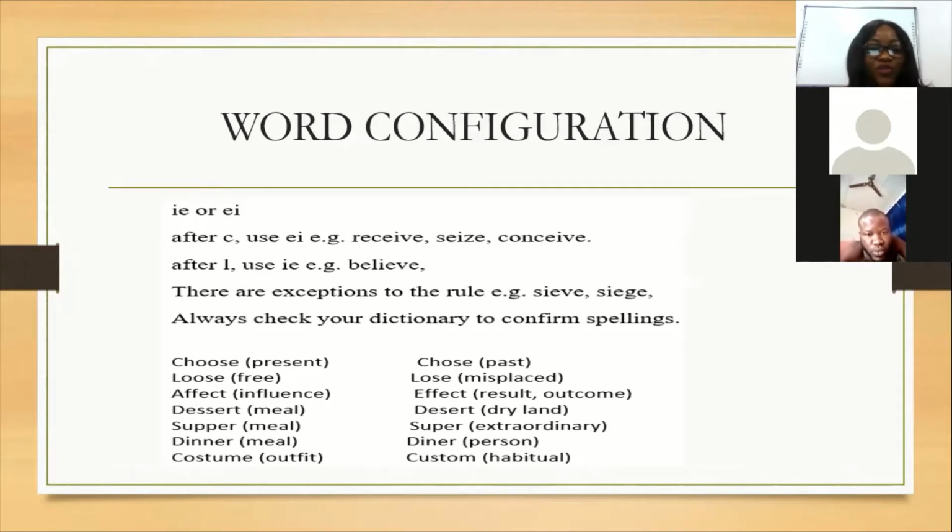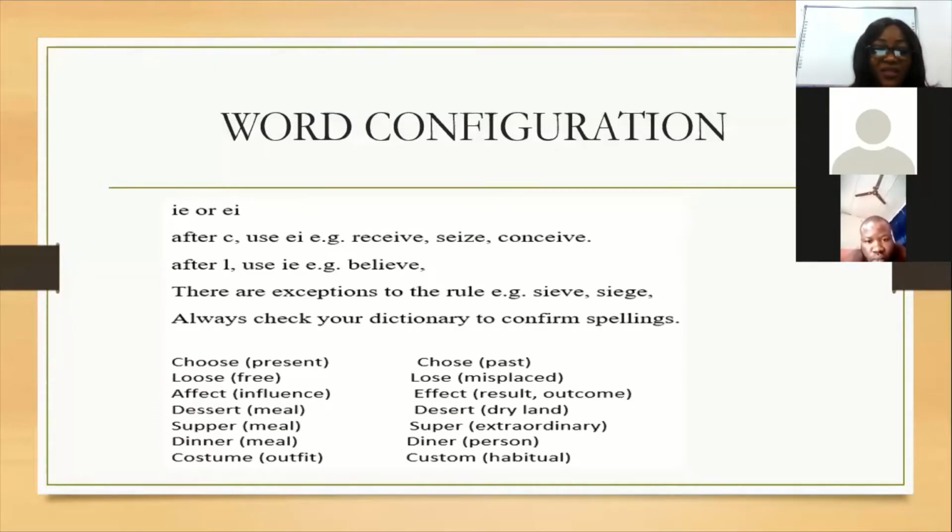We also have issues with word configuration. Any student will notice that sometimes it's very confusing whether to use the IE or to use the EI in spelling a word. Now, there is a general rule, but like every rule, there are exceptions. The general rule is if the IE or the EI is going to come after the C sound, please use the EI spelling.